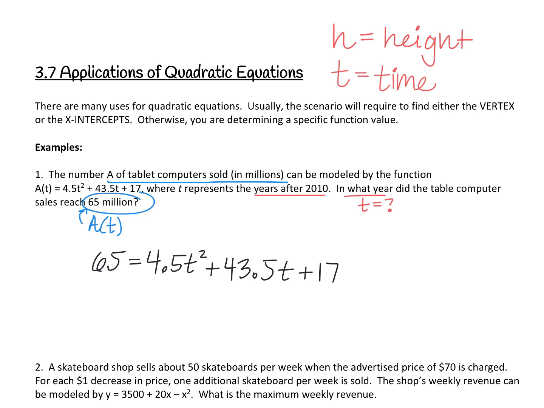The whole point of today is for you to know whether it's asking you to find the vertex or if it's asking you to find the x-intercepts. That's what you see at the top here. You will be finding a vertex if I ask you for the max or the min.